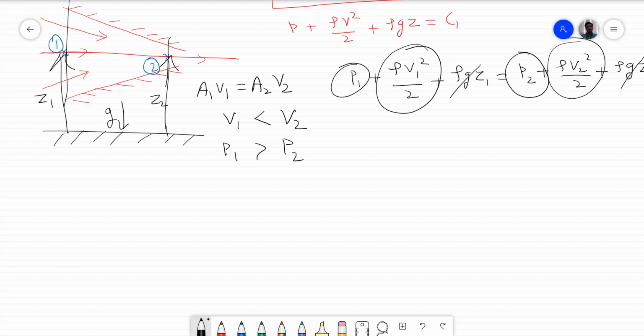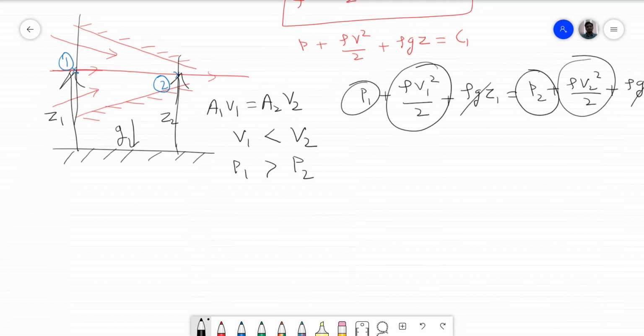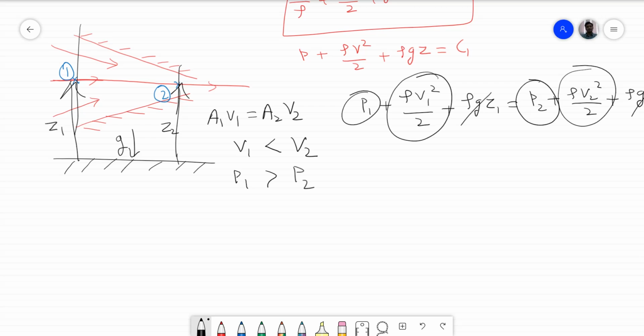P1 should be more than P2. So the static pressure in the fluid at P1 will be more than P2. The pressure that is felt here at this cross section, actually we are talking about this point, but if we consider a streamline like that, then we can talk about pressure close to the wall as well.